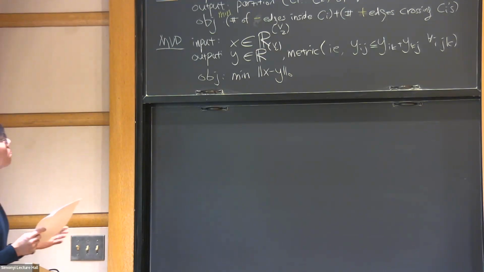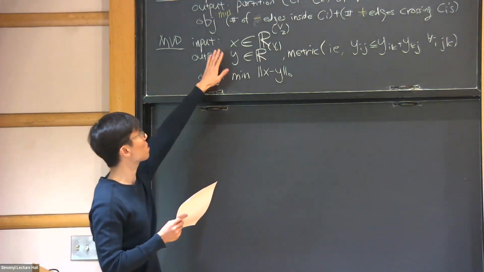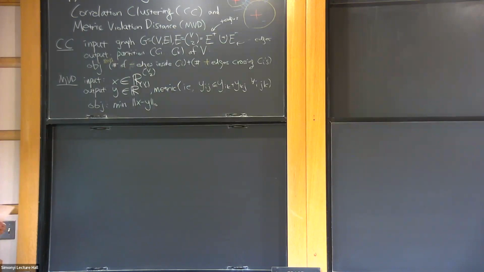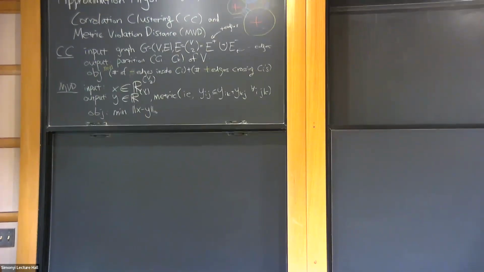Here the MBD input is a completely arbitrary vector, while for correlation clustering you can think of it as a 0-1 distance. One way to view correlation clustering as a special case of MBD is that you are trying to fit your metric into a uniform metric, by which I mean a metric with the distance being only 0 or 1. So you allow pseudo metrics as well?